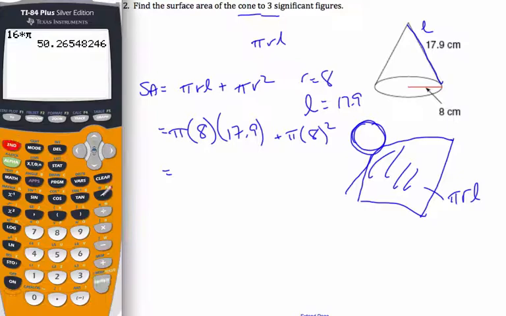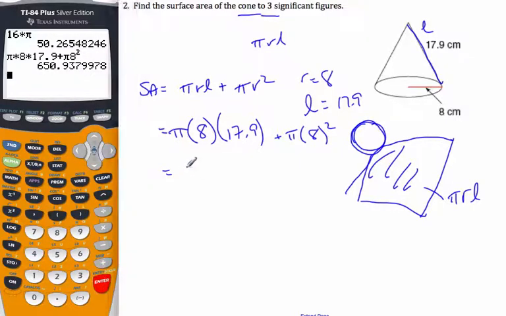So I go pi times 8 times 17.9 plus pi times 8 squared. I type it straight in my calculator and let the calculator do the work. To 3 significant figures, I get 651, and my units are centimeters squared.